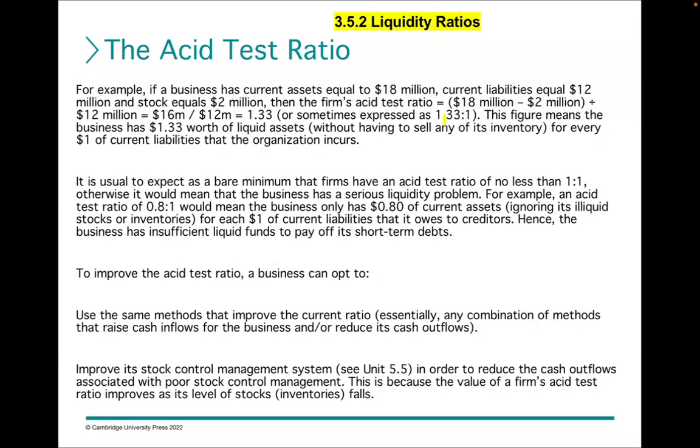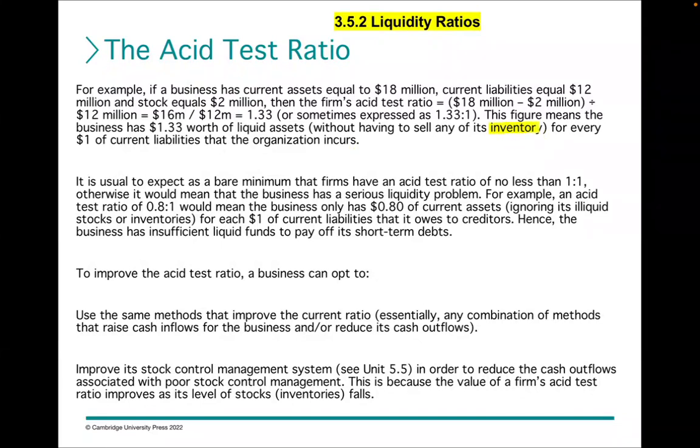So that's the money you have to the debt that you owe. This means that the business has $1.33 worth of liquid assets, without having to sell any of its inventory, for every $1 of current liabilities that the organization incurs.